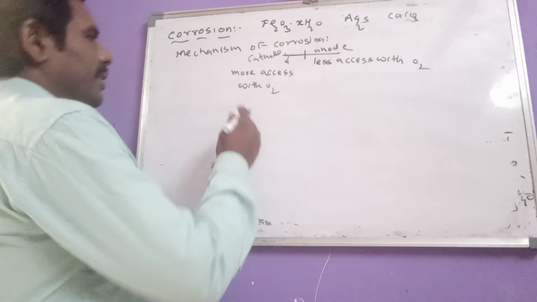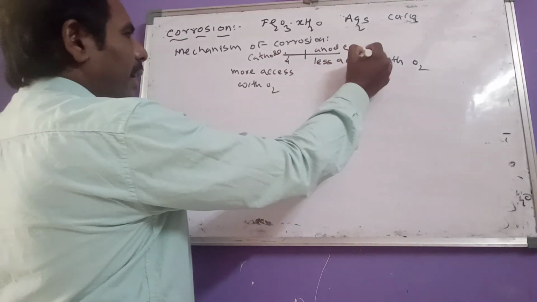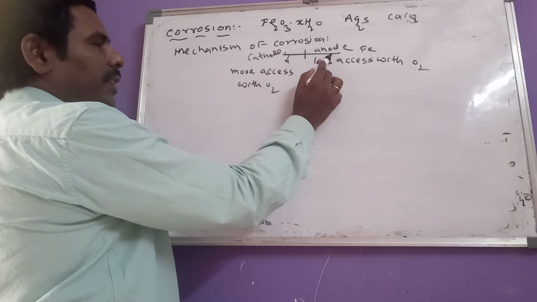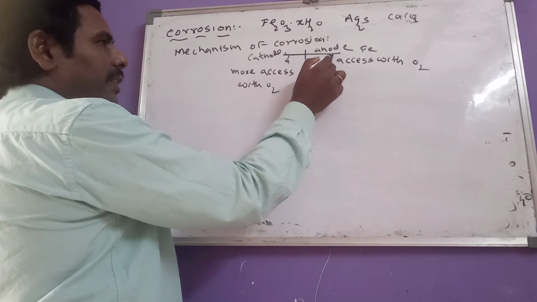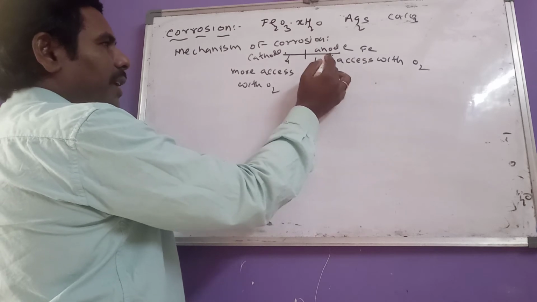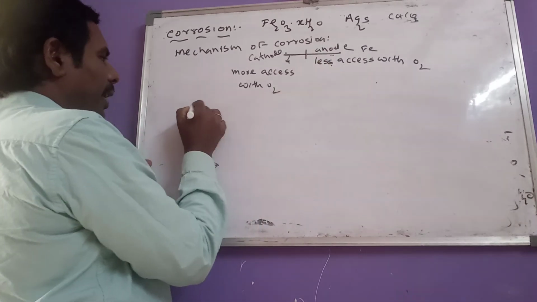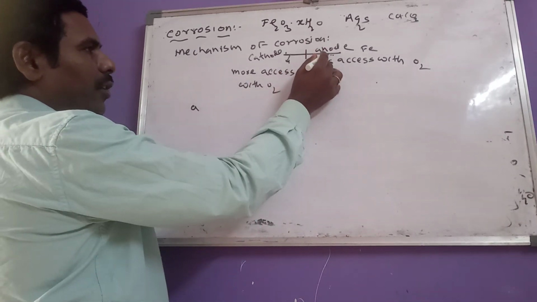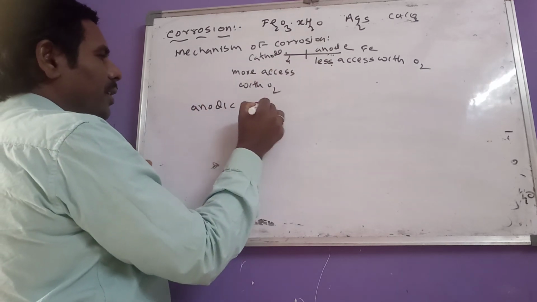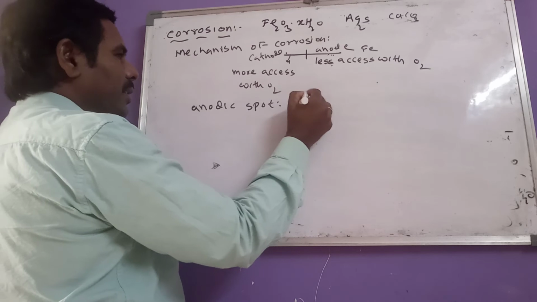So let it be the iron rod. Now on this iron rod, this part has less access to oxygen, so this part acts as anode, and this spot is called anodic spot. So at the anodic spot, what is the reaction taking place?